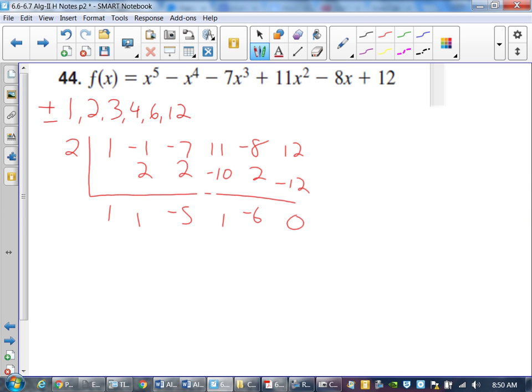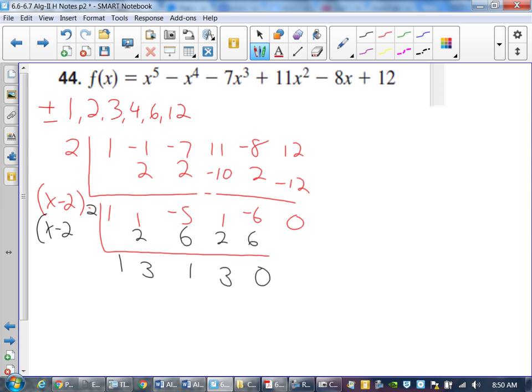I've got a zero at 2, so your term is x minus 2. I'm now at a 4th degree polynomial, so I check it one more time, same zero, to see if it's duplicated. Yay, it's duplicated. And you can go further. And now look at this. I'm now at a third degree polynomial. Look at your coefficients: 1, 3, 1, 3. You'll be able to group that.